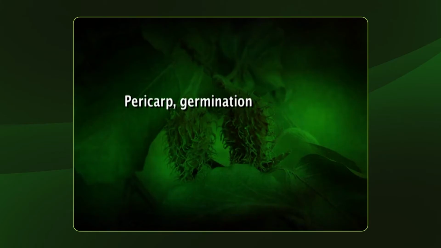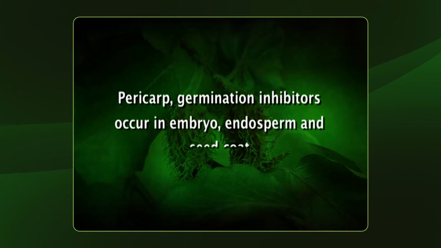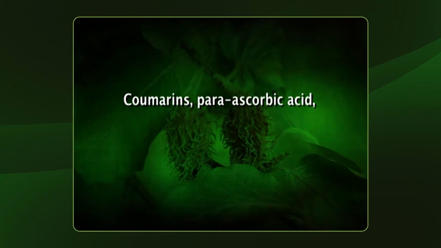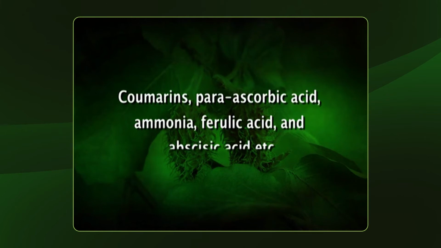In addition to pericarp, germination inhibitors occur in embryo, endosperm, and seed coat, and in some species in structures that are dispersed with the seeds. The inhibitors include coumarins, parasorbic acid, ammonia, ferulic acid, and abscisic acid, etc. The inhibitors that block embryo growth are either synthesized in the seed or are transported to it from elsewhere.